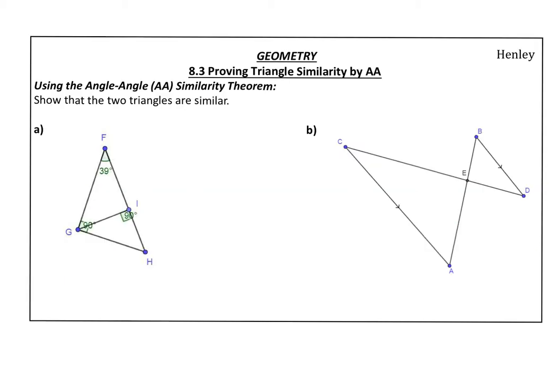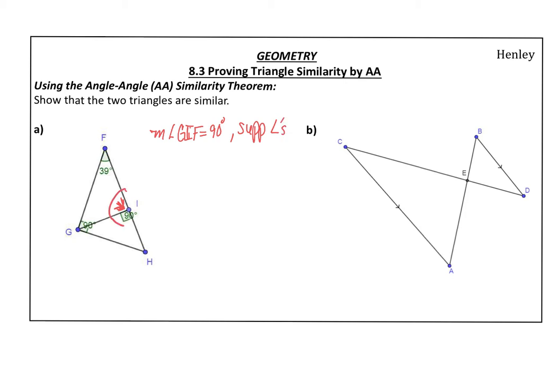Now let's look at our next example. We are asked to show that these two triangles in letter A are congruent. Let's look at a little bit of information that we know. We know that angle GIF, which is this angle, is 90 degrees. So we can state that the measure of angle GIF equals 90 degrees. The reason we know that is because they are supplementary angles.